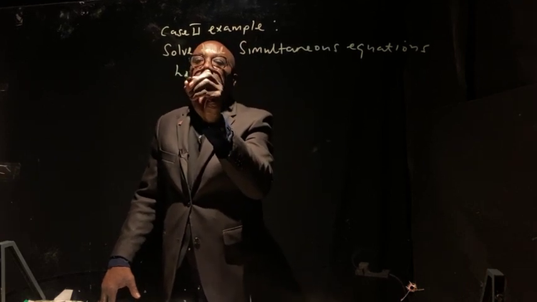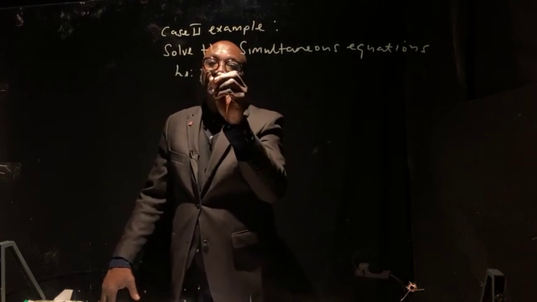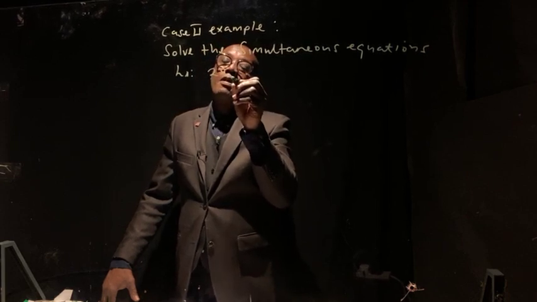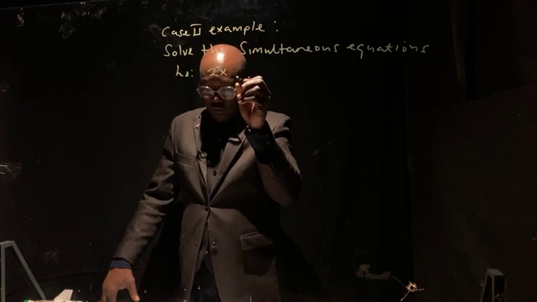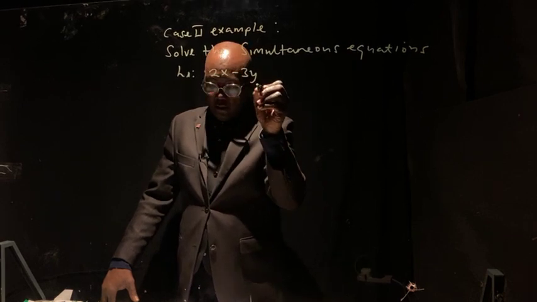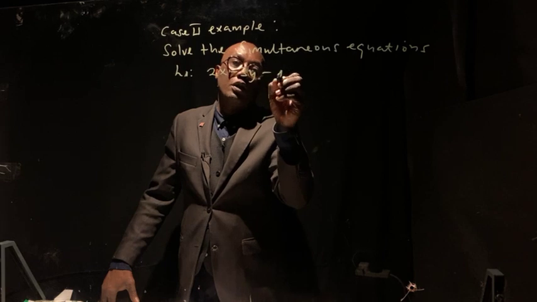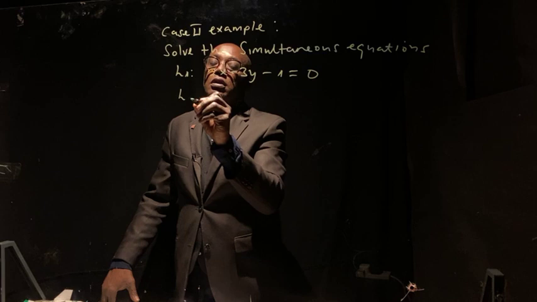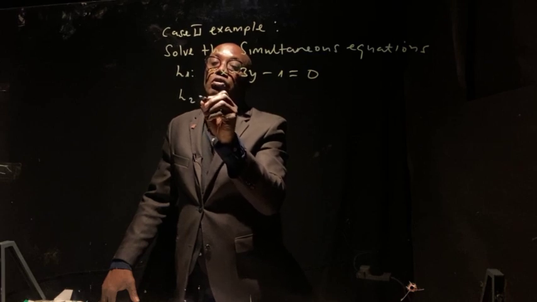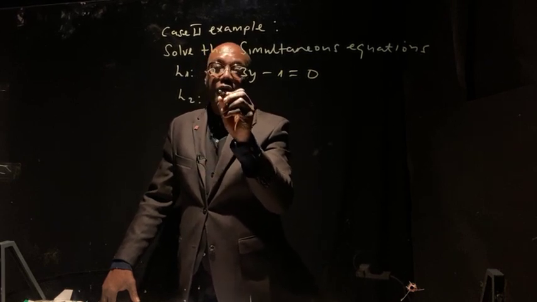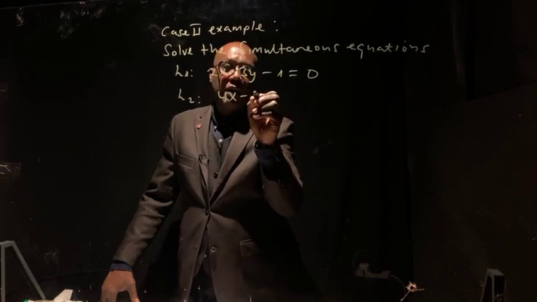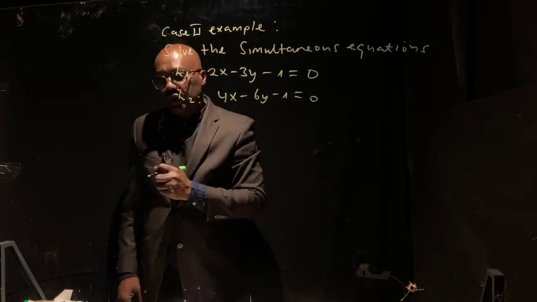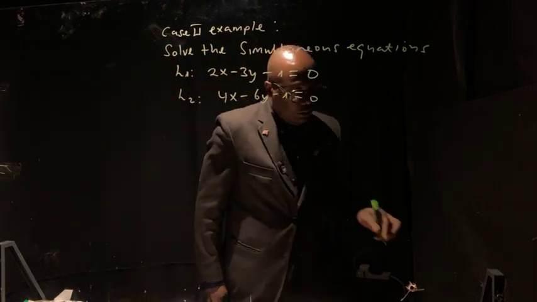L1 is giving us 2x minus 3y minus 1 equals 0. And the second line, L2, is 4x minus 6y minus 1 equals 0.